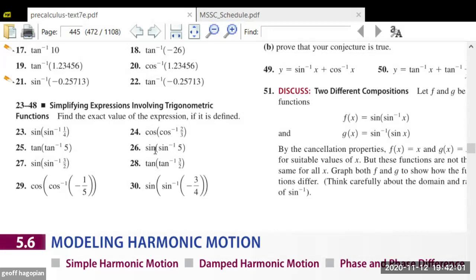In 26, the arc on the unit circle that takes you to a y coordinate of 5 does not exist, because there is no y coordinate of 5 on the unit circle. So the domain of the inverse sine function is between -1 and 1. If you have a value outside of that, then the inverse sine is not defined.